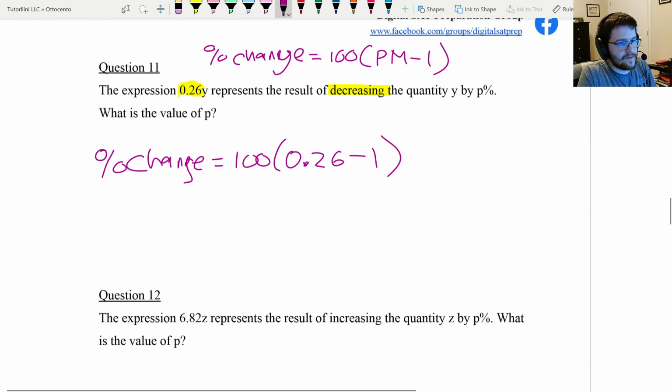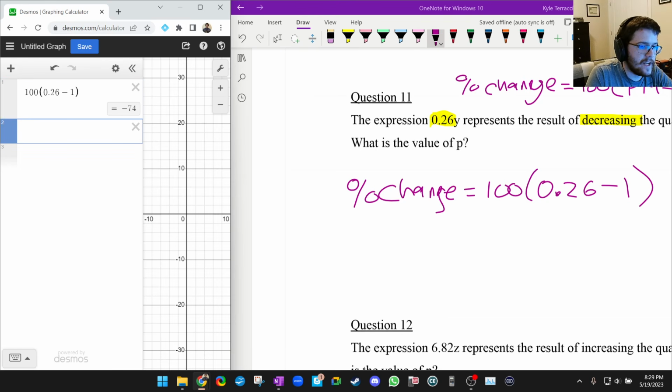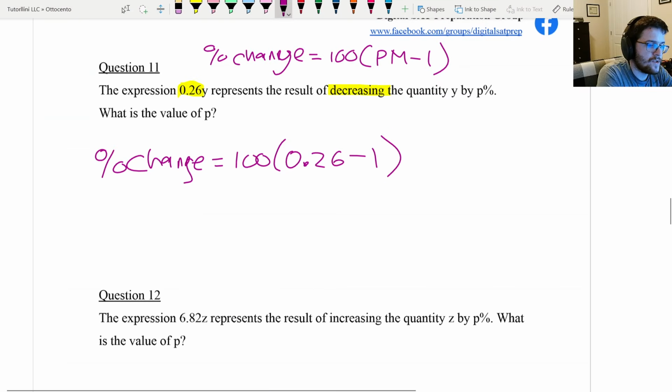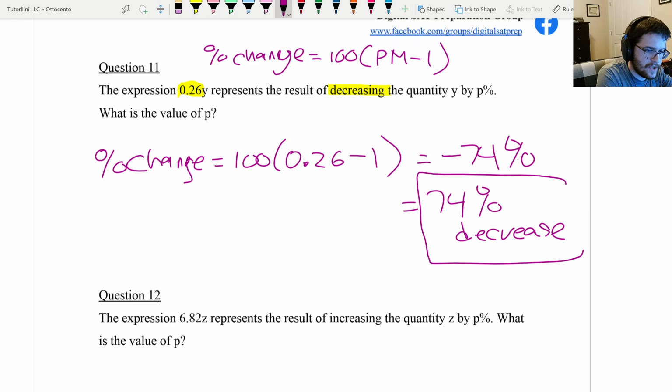Okay, let's see what that gives us. So negative 74. Okay, so that's negative 74%. And we don't put the negative because we just phrase that as a 74% decrease, which is what they wanted us to phrase it as. So the answer to this one would just be 74.